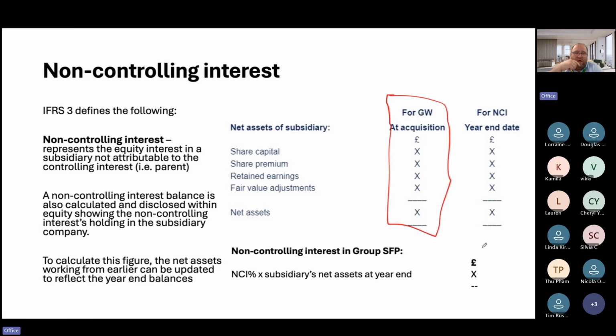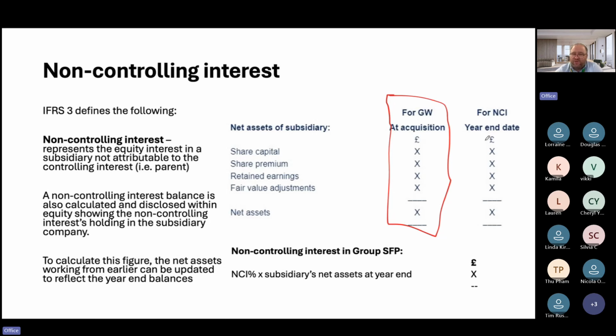What you need to do is update it for the position at the end of the year. Because you don't generally acquire businesses at the start or end of year. You just acquire them at some point in time. And then at the end of the year, you need to be able to say, what's the non-controlling interest worth at the year-end date?